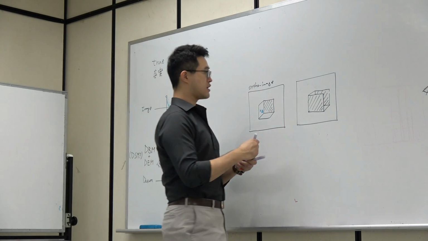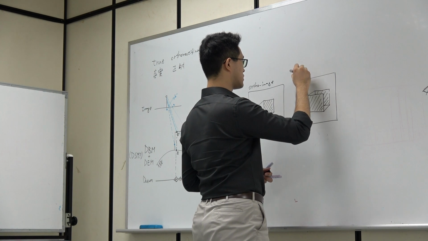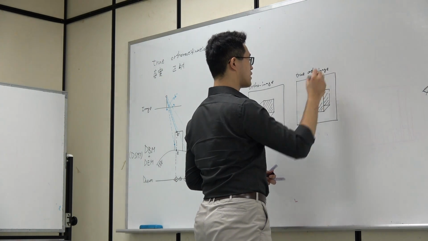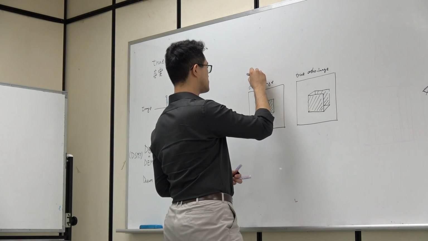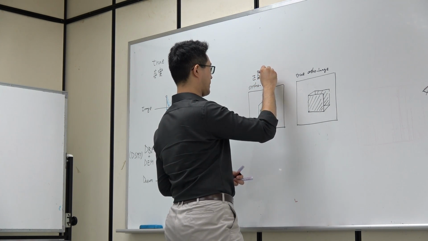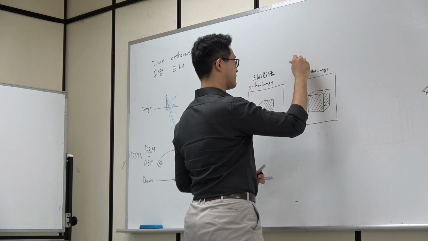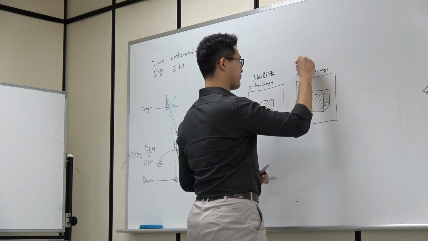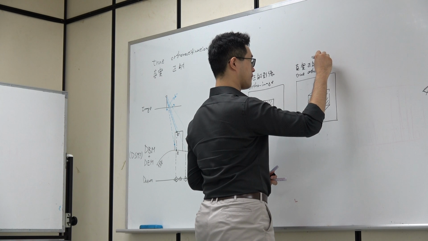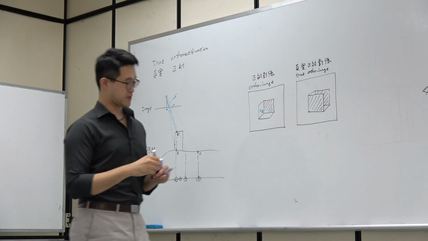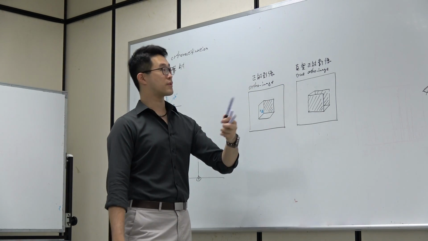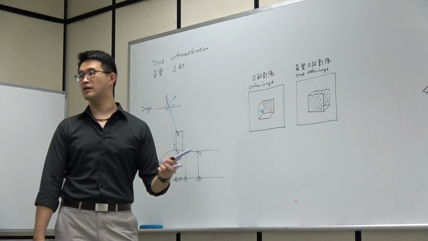So in this case, here is the true ortho image. In Chinese, you will usually call it 真实正射, or usually we will just call it 真正射.